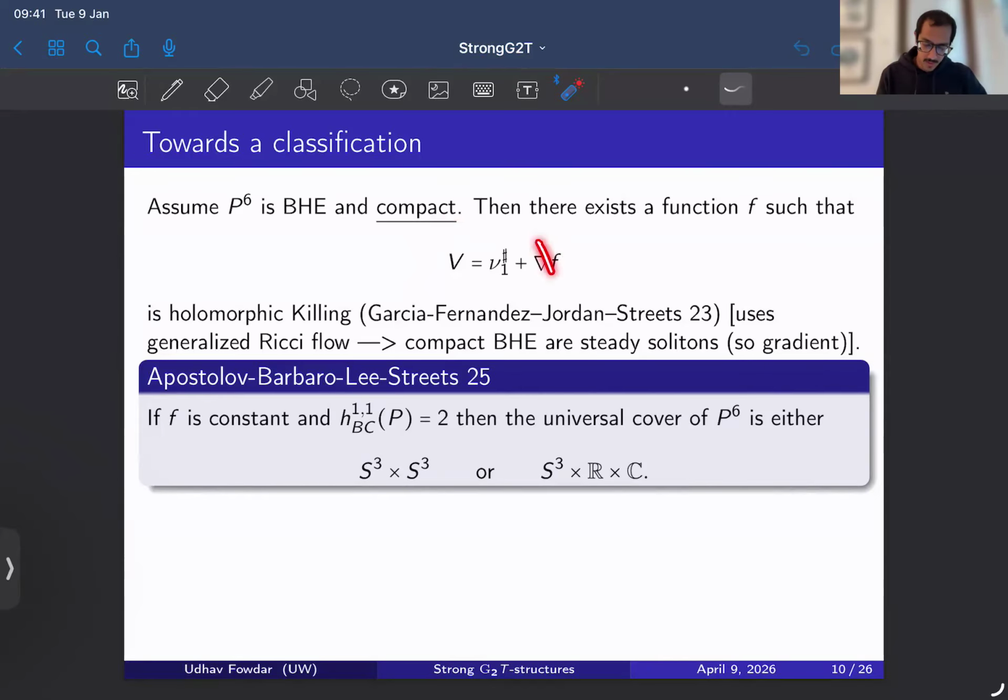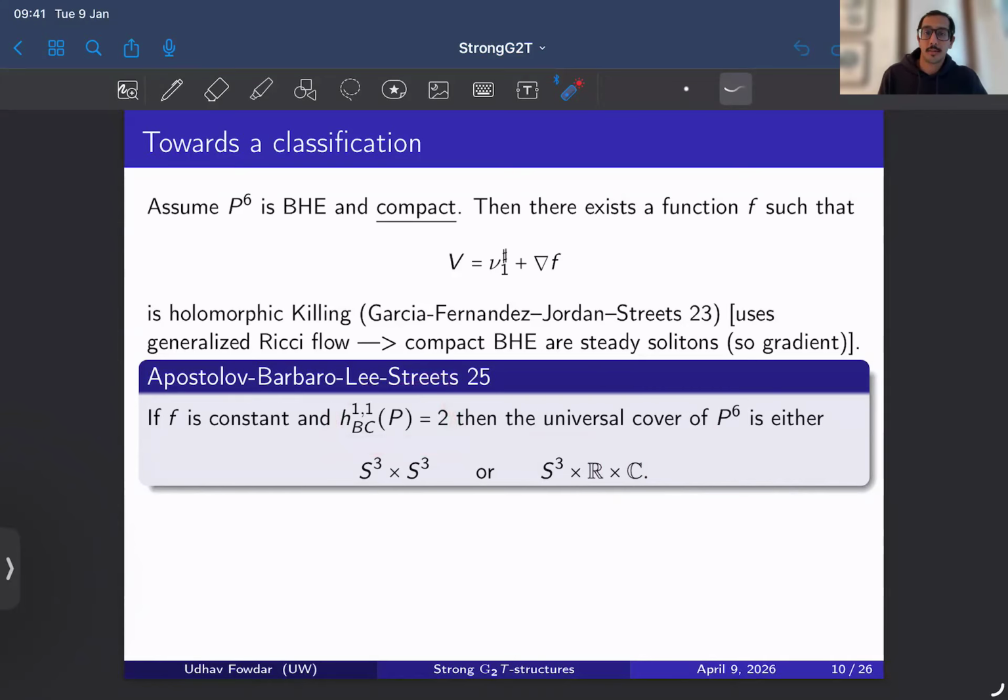Under the assumption that f is constant, so this term here dies off, you can almost prove that up to cover this manifold has to be either this Calabi-Eckmann structure that I told you about before, S3 cross S3, or a Hopf surface cross a copy of C. But you need some sort of constraint on the transverse geometry.